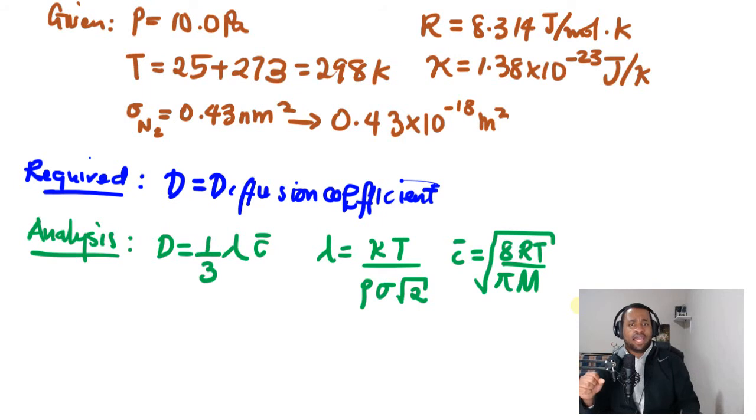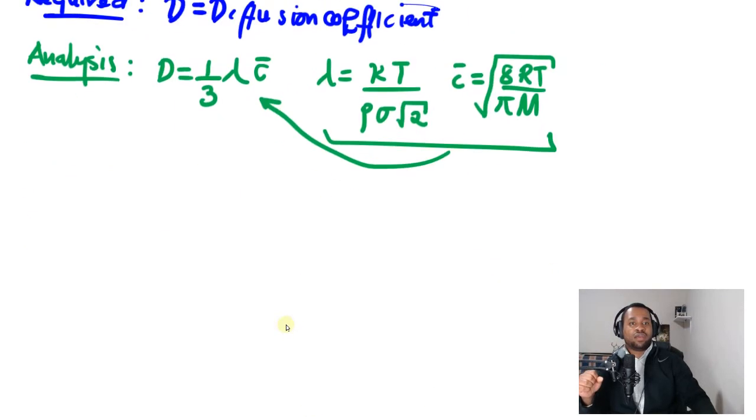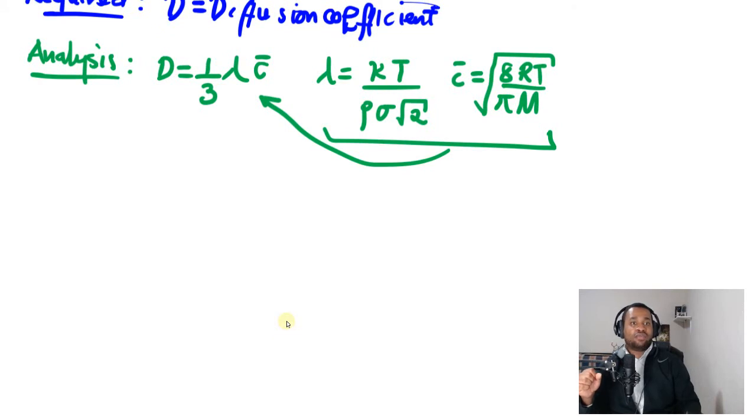So therefore, in this particular case, we are going to put these two equations into this equation, and we are going to reevaluate what our D is going to be in terms of the givens in the question.